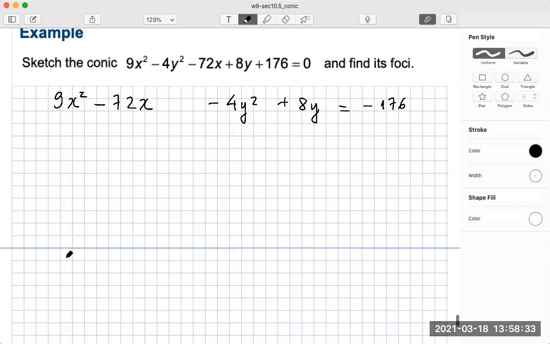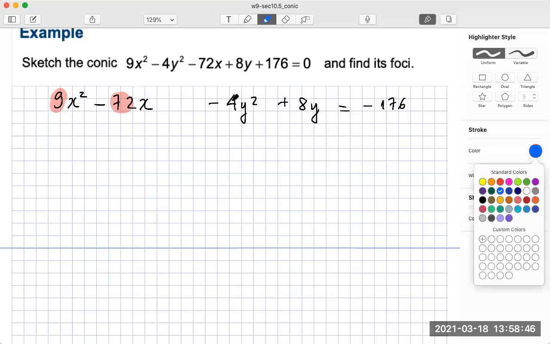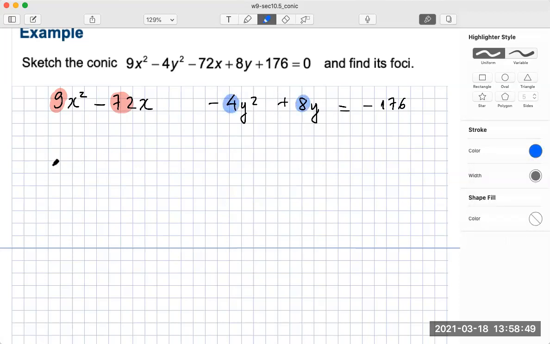Which formula should we use in order to deal with this? Before doing this, can we factor it out and make it simpler? What is the like term between these two? If we factor 9 out, this will be x squared minus 8x, right?